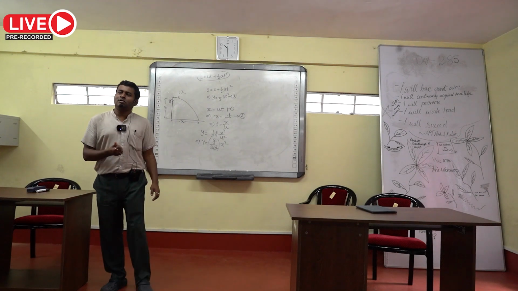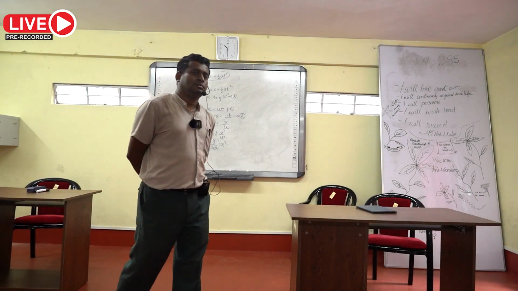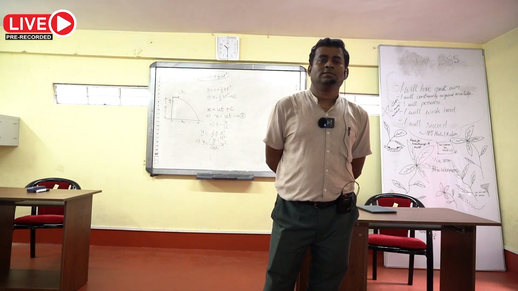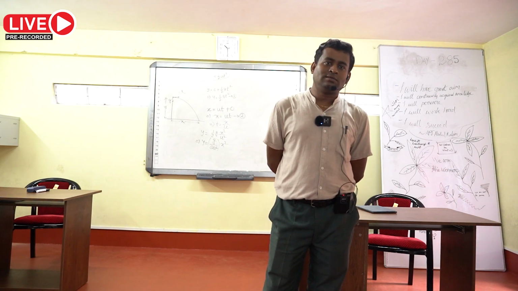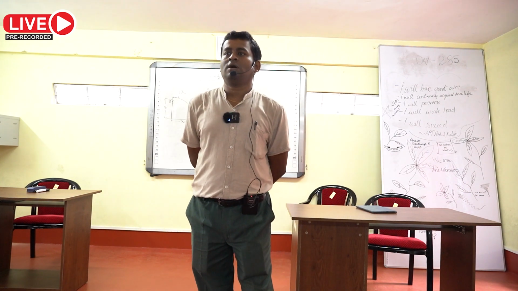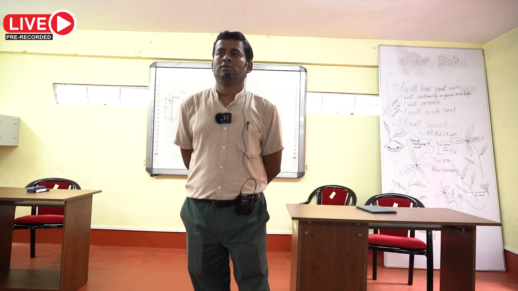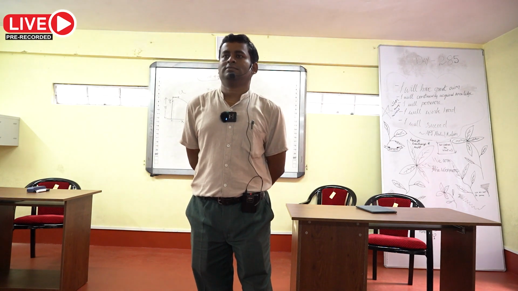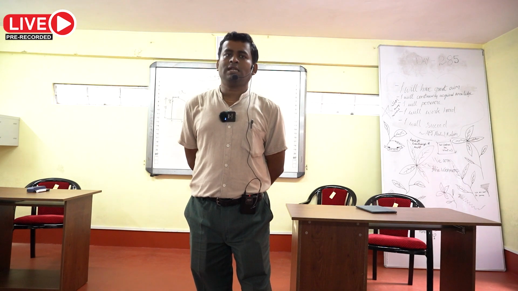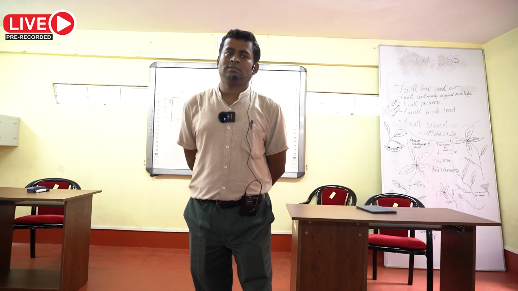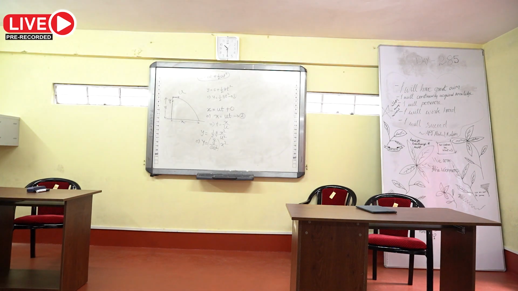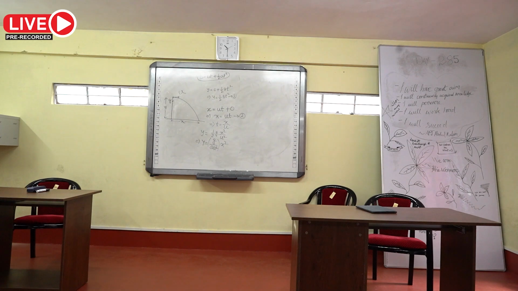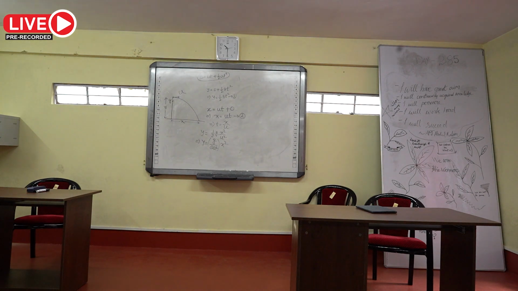Now write down another question. From a tower of height 10 meter, a particle is thrown horizontally with velocity 10 meter per second.